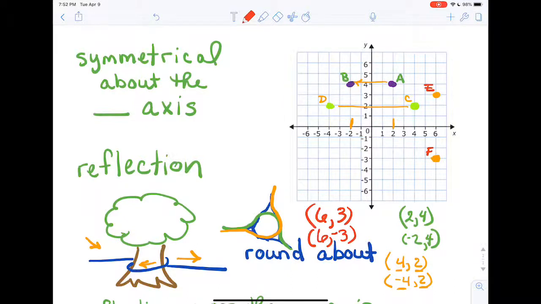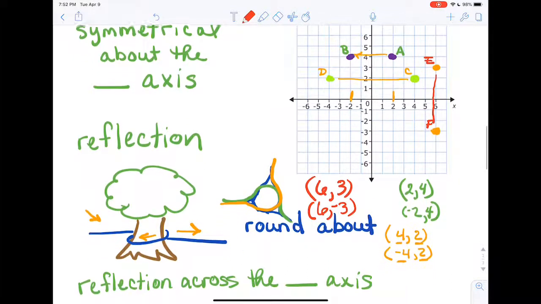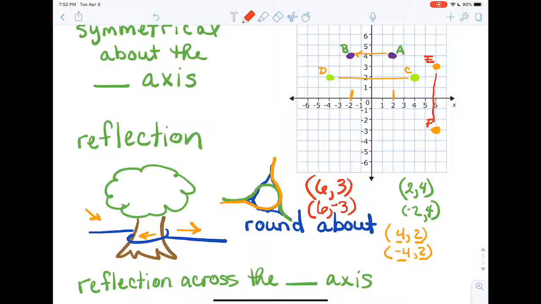Look at that. They are across from each other on the x-axis. So they're symmetrical about the x-axis. The E is 3 up from the x-axis. The F is 3 down from the x-axis. But they're both on the 6 of the x-axis. Another way to say this is that it's a reflection across the x-axis.